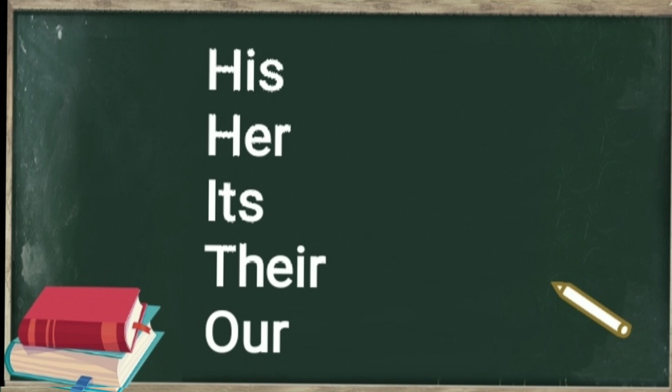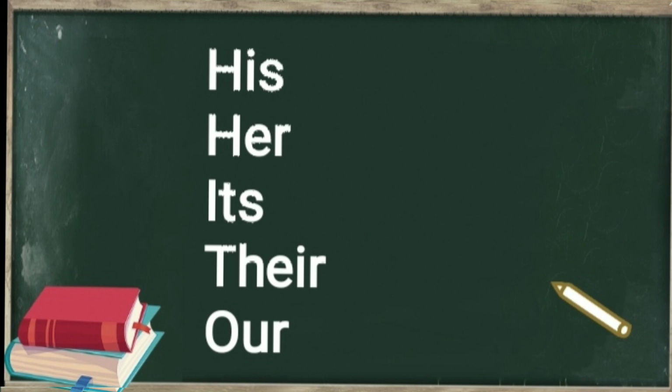Our class. So even I am also included in the class. Our table, our school. Understood, children? So their is used for many people and our is used for a group of people including oneself.